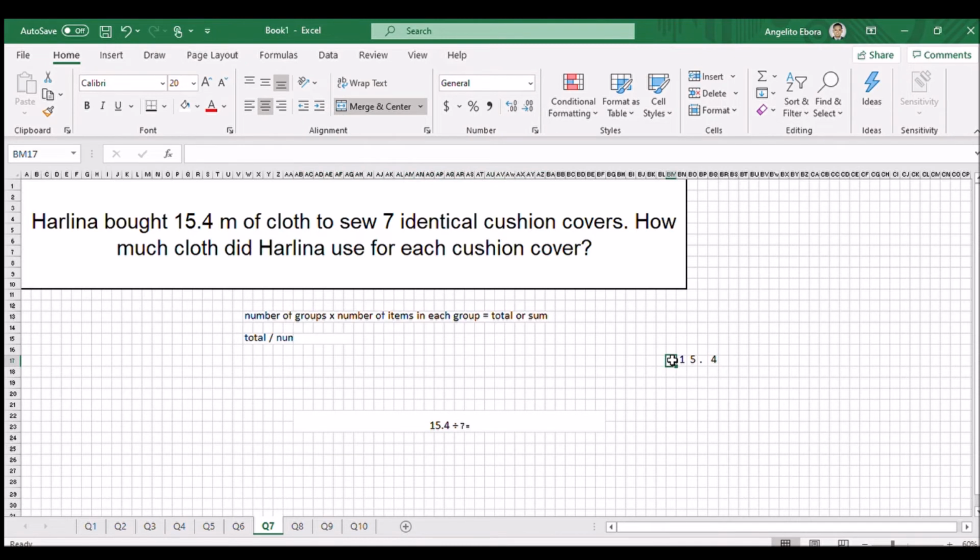This one and the line. Divided by 7. We can divide 15 by 7.